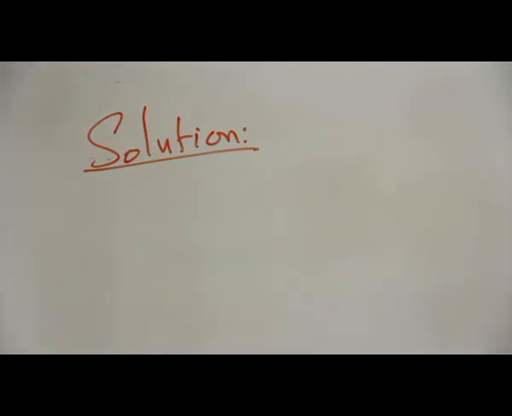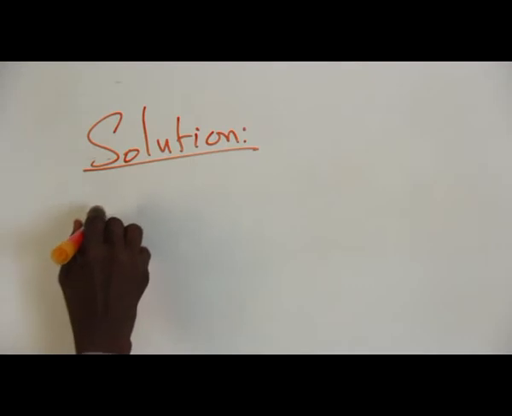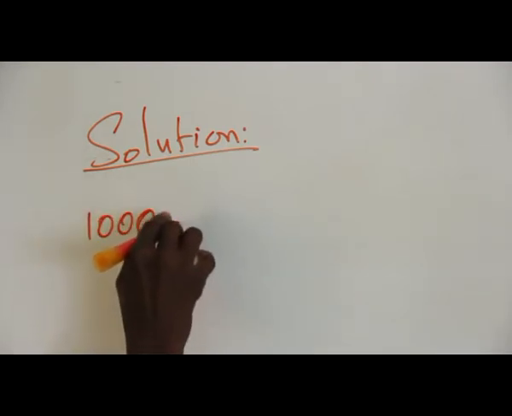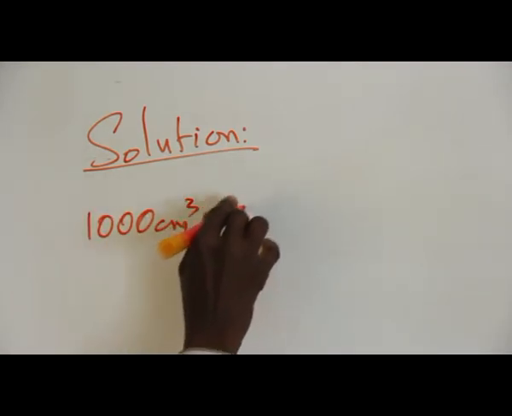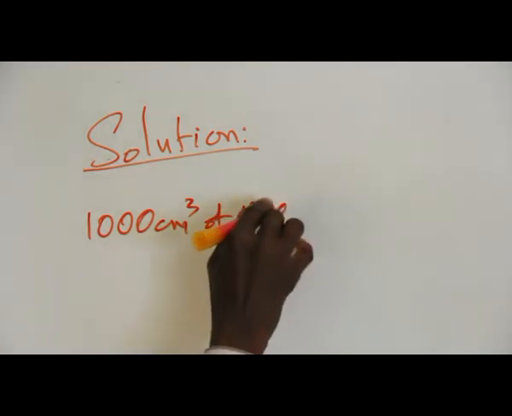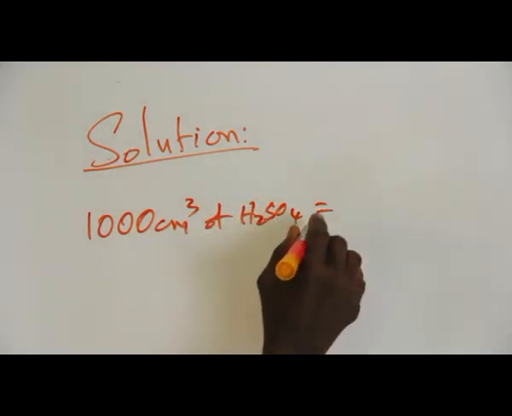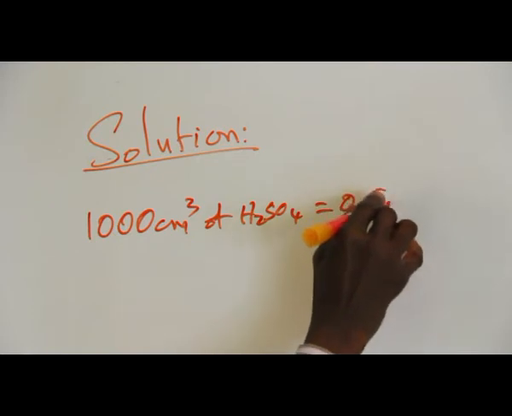Now, from the statement 500 cm³ of 0.5 mole H2SO4, it simply means that 1000 cm³ of H2SO4 contains 0.5 mole.